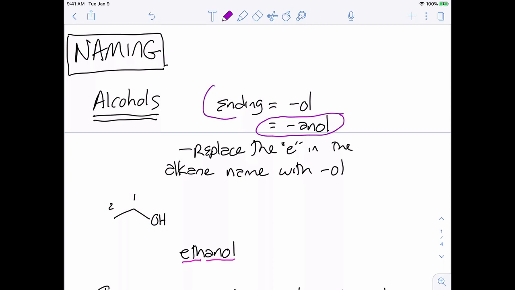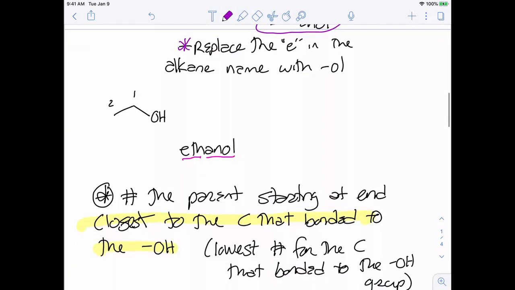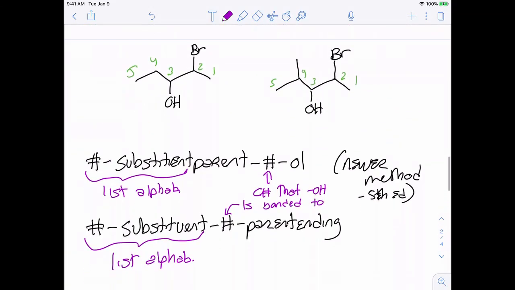If you're using the newer method, you really have to think about doing it this way. It's just that you need that AN with the parent again. So maybe replace the E in the alkane name with the OL. Just know that you might have to shove a number in between those saying where that hydroxyl group is. We'll do a few more examples, so hopefully it'll make more sense.